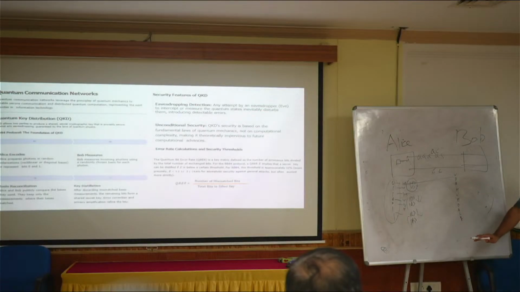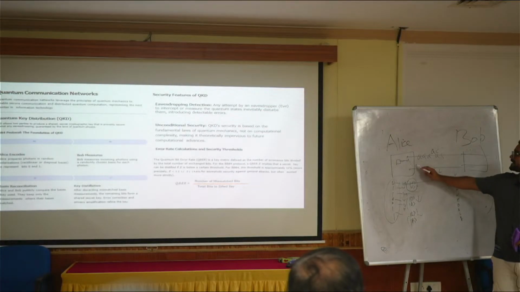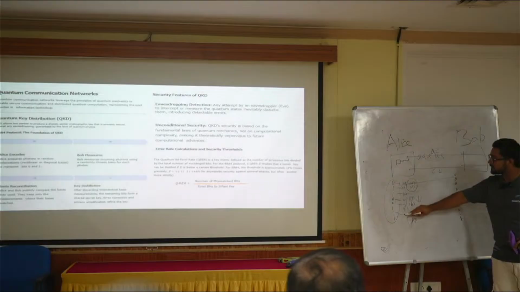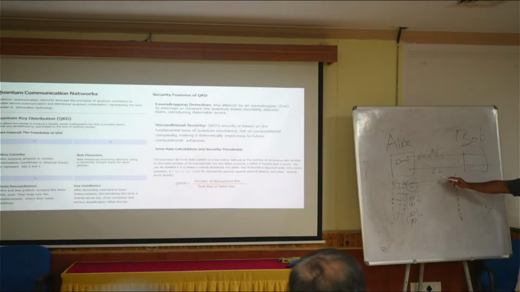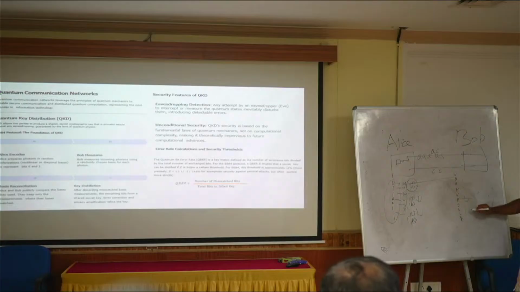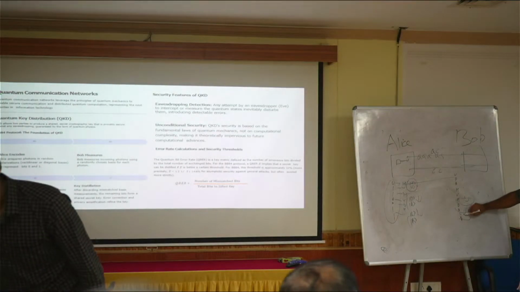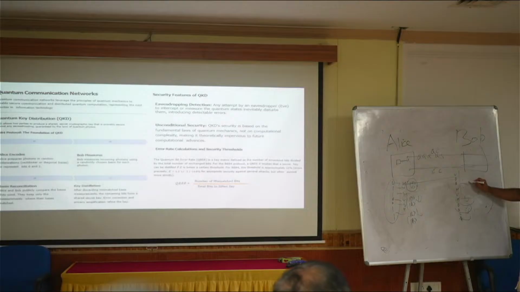basis will not match. So classically they will share their basis, not their key, but their basis, between both the parties, and they will match their basis. Where their basis is matching, they will just keep those values, and the rest, where the basis does not match, they will discard.